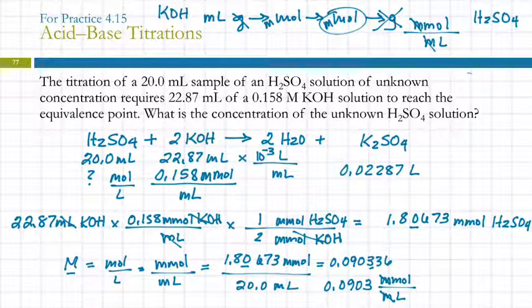After we find a balanced chemical equation, can we use the formula? What formula? The M1V1? No, you can't. You can't use M1V1 because you've got moles of H2SO4 on one side and moles of KOH on the other side, and those don't cancel out.